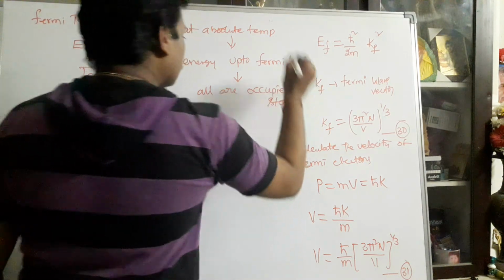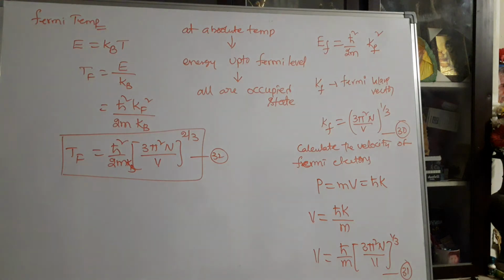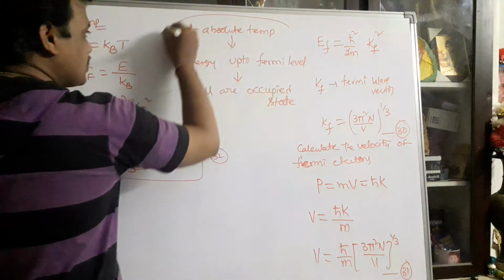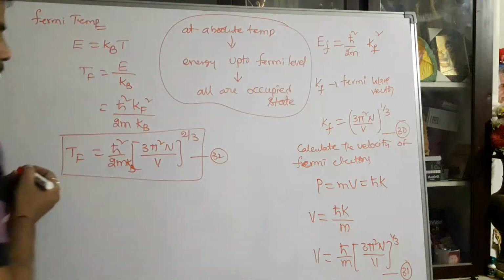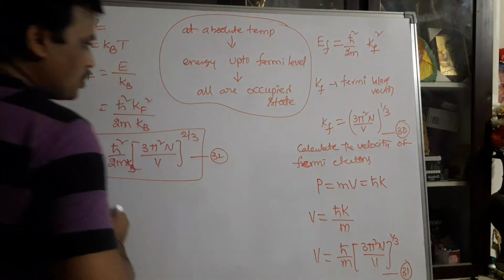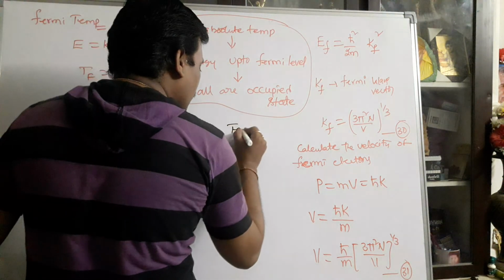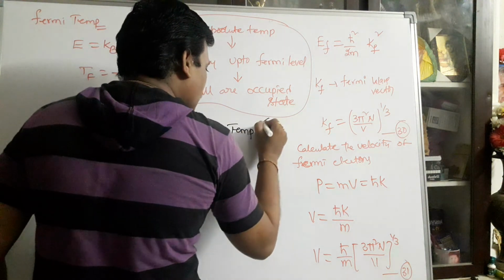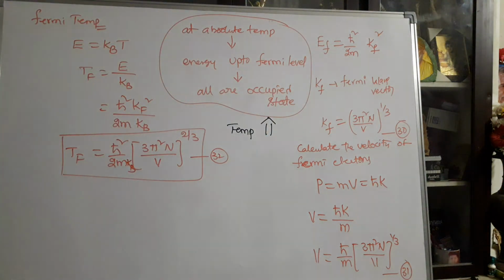If the temperature of the system increases, the variation of electron energy is provided by the thermal energy of the crystal. Suppose the temperature increases. You can increase the temperature.